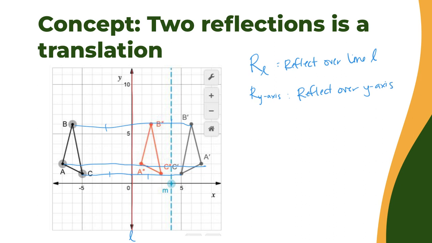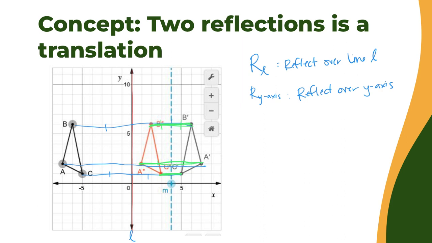Okay, so now I'm going to take my image. Remember, this is the pre-image. Here's the image when it's been reflected over the y-axis. And I'm going to reflect it again over this line. So when I do that, I'm going to have C to C prime, A to A prime, B to B prime. They're still perpendicular.